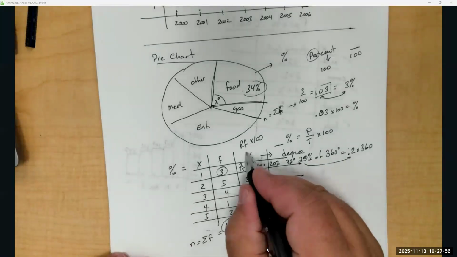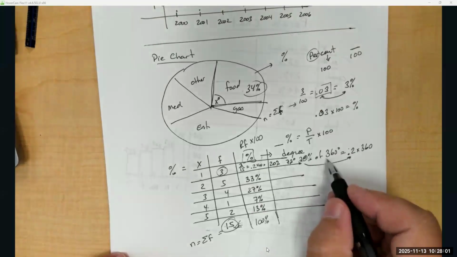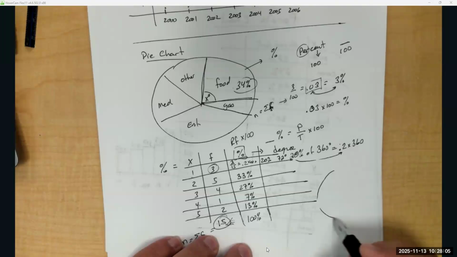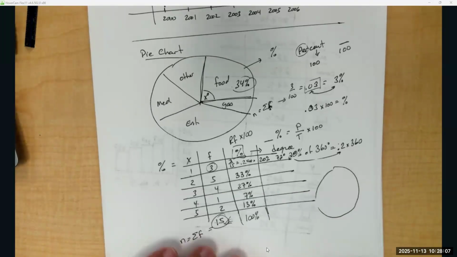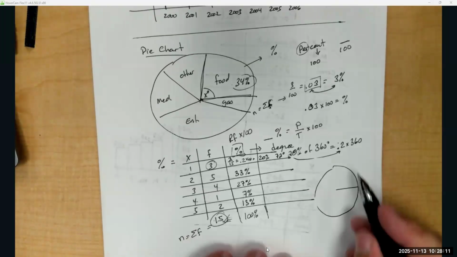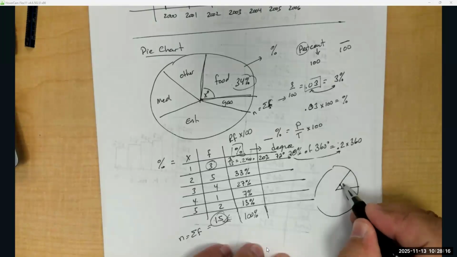No, because we also want to know what is the percent. Because once we get the degrees, the reason we need the degrees is because when we draw our circle, we start from one line. And then from there, we go up 72 degrees.